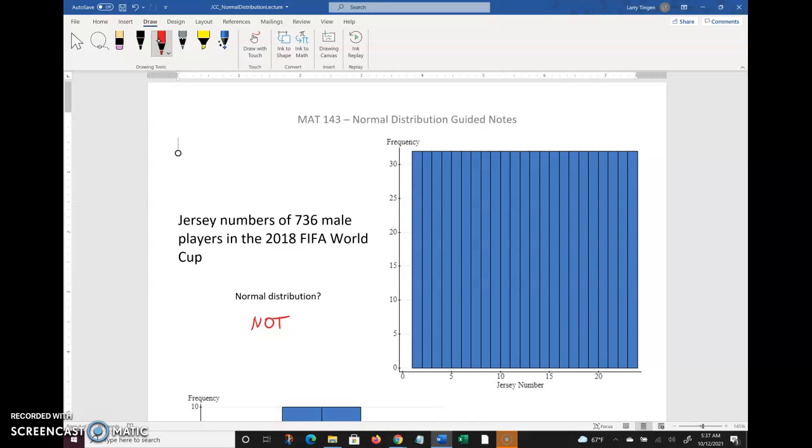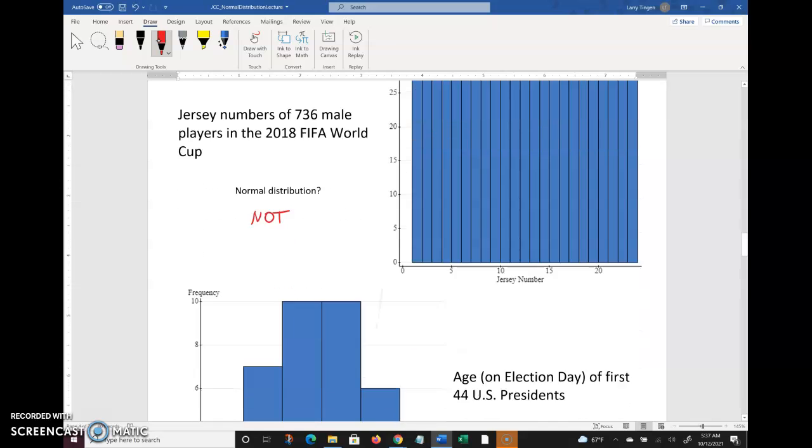So if your favorite player has number 7, you may want to get number 7, but you could get any number available to you. Also, the soccer jerseys tend to stop at 25, so that's what's limiting our X values here all the way up to 25. And typically the numbers correspond to a position on the field. So this is a uniform distribution.